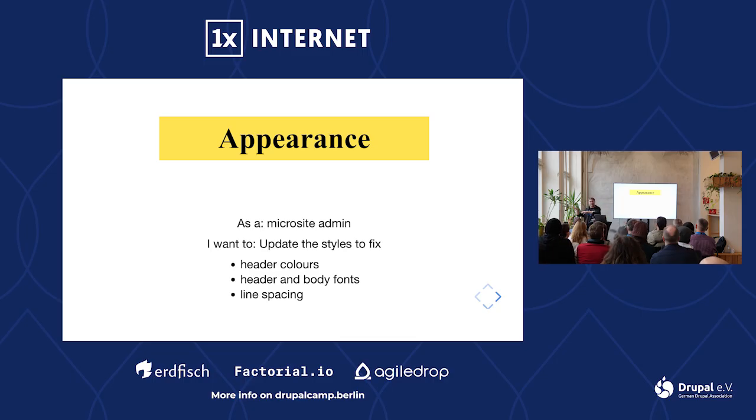For the end user, or the people who are building the microsites, appearance was one of the most important ones. They want to be able to fix and change the colors and the body fonts and all the rest of it, and the line spacing. It is possible for them to put a whole new theme onto the site, so they can have a separate theme for every single microsite. But we want more control over what people are doing.